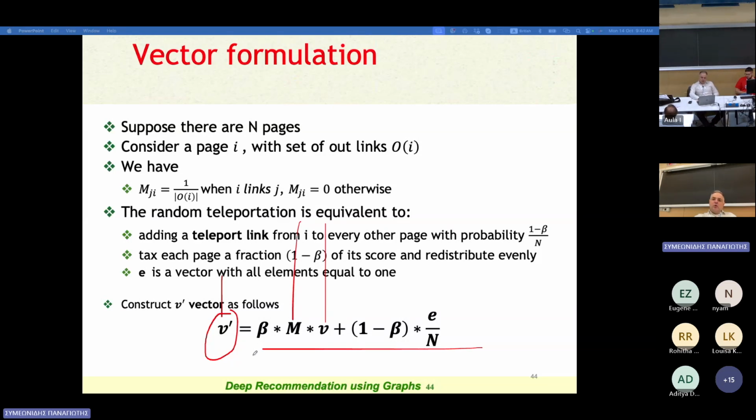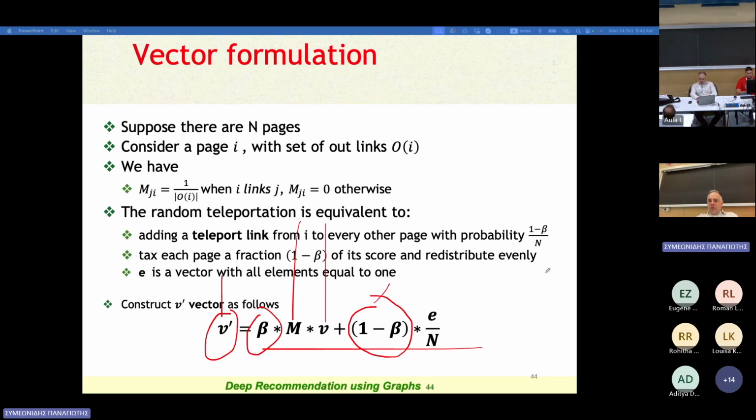And also, in order to solve the dead link problem and the spider trap, we have a teleportation trick, let's say, where beta is the probability of a node. Beta is the probability of the random walker to continue its journey to the outgoing links, whereas 1 minus beta is the probability of the random walker to jump to any other node of the graph.